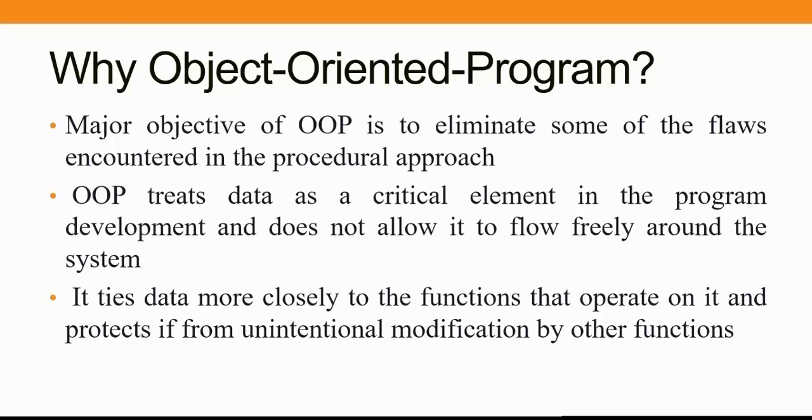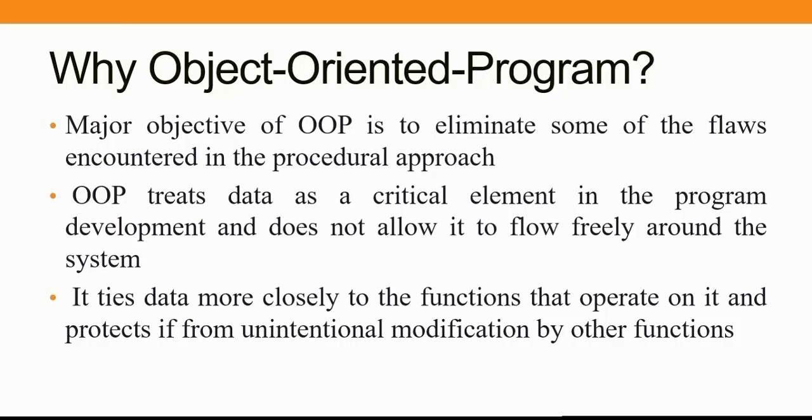So what is the use of this? When you don't allow the data to move or flow freely around the system, what will happen in that case? The data will be protected, isn't it? Because yes, we can have the data in our system, but in some cases it needs to be protected. In some cases you need to deny access to some people, right?